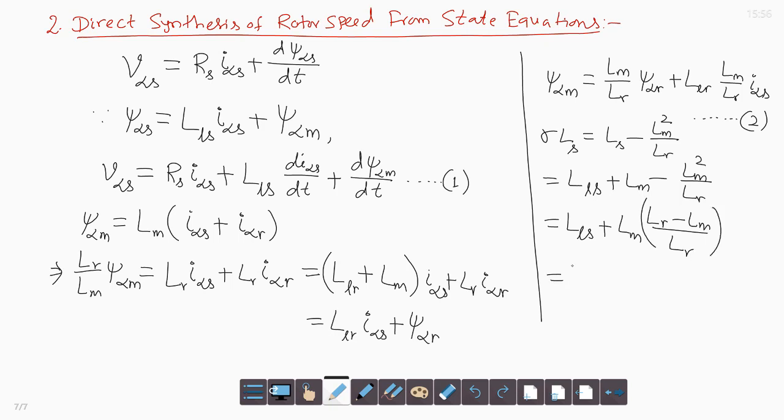So, this is stator leakage inductance Lls plus this term is Lm by Lr into rotor leakage inductance Llr. So, this is sigma Ls. This is equation number 3. So, sigma Ls is given by this.